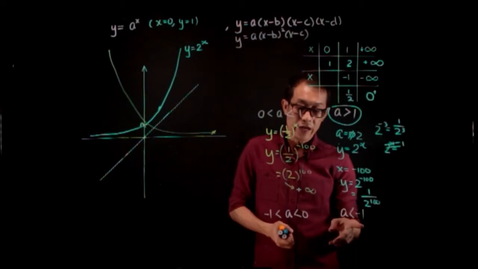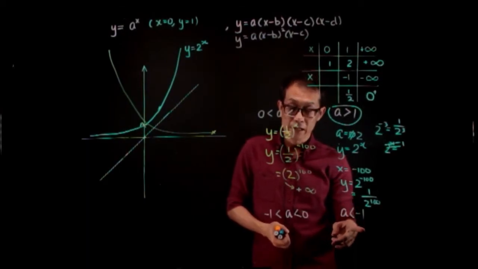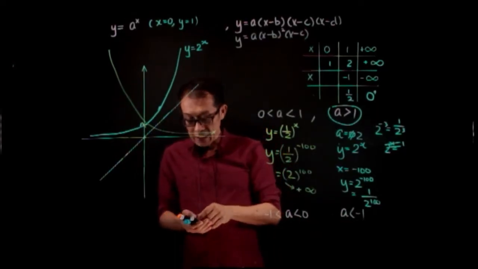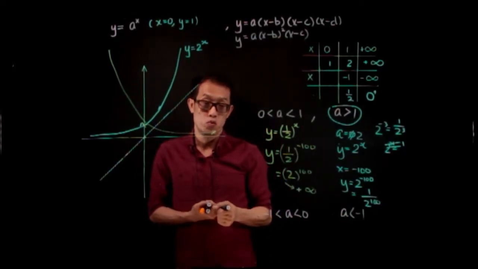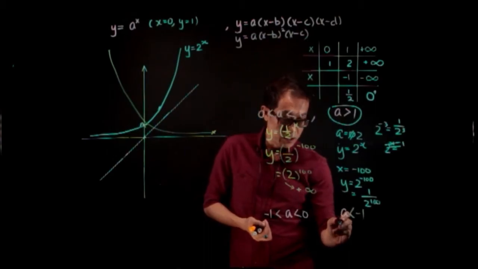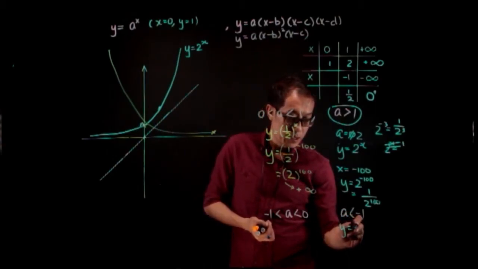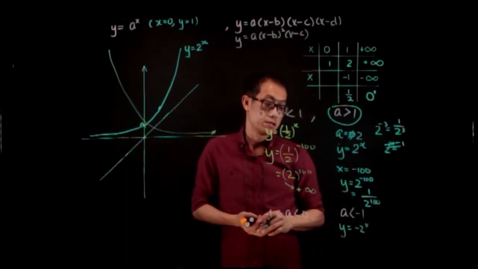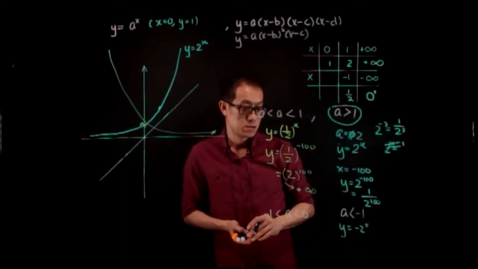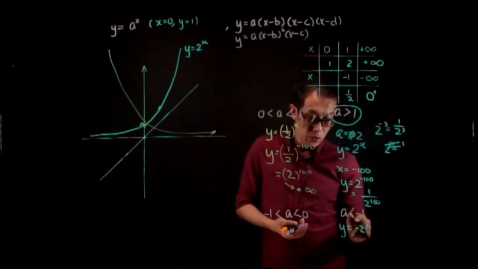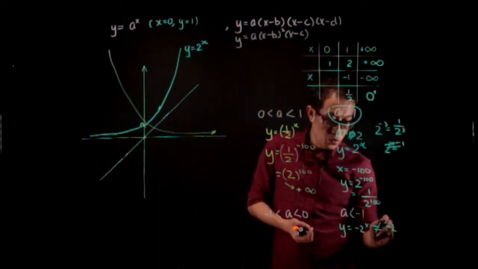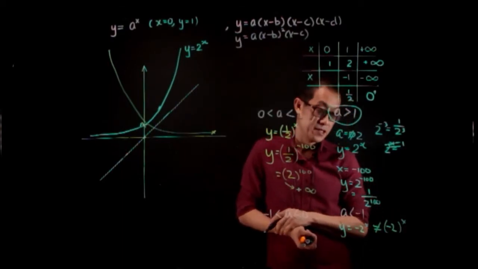Now, what happens if a is negative? Let's say a takes the value of -2. Let's try to sketch the graph of y equals -2 to the power of x. Take note, this is not equal to (-2) to the power of x.